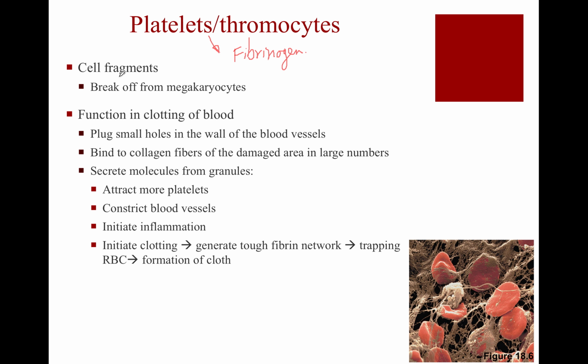Platelets come from a larger category of cells called megakaryocytes. So they themselves are not technically full-grown cells, but come from much larger cells called megakaryocytes. As you can hear, the word mega implies really large. Again, their main function is formation of blood clots.